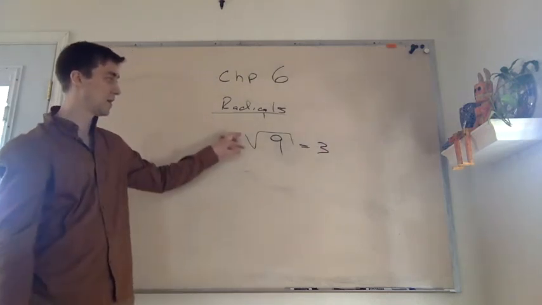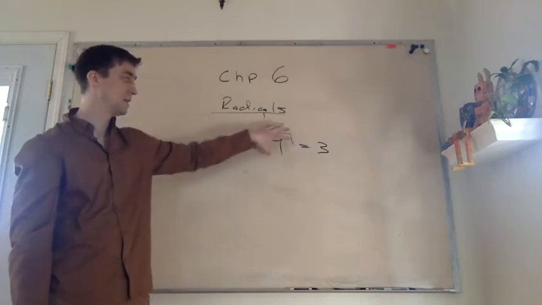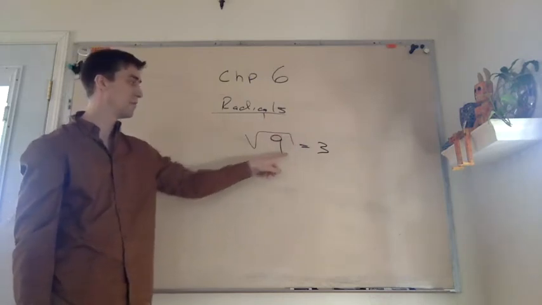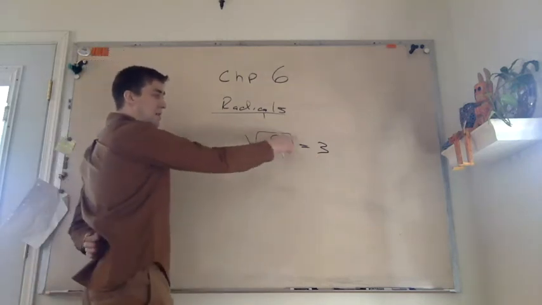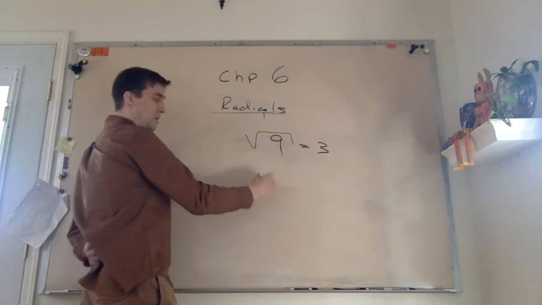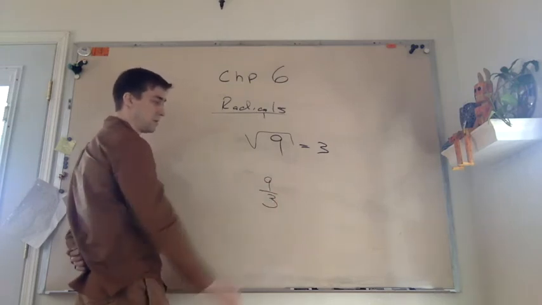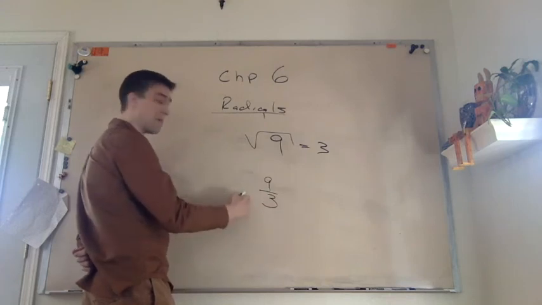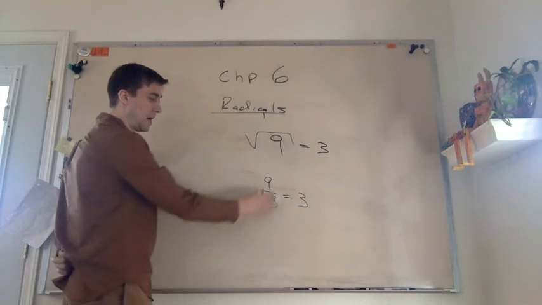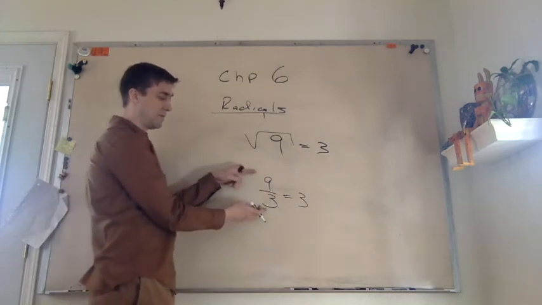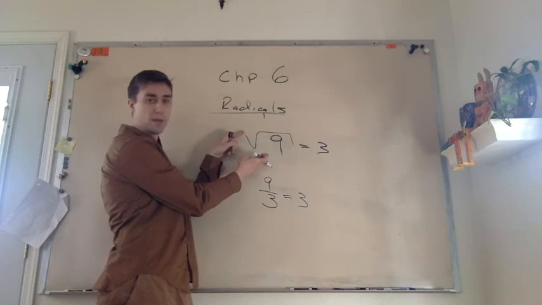Another point I want to make: the square root of 9 is a number, and that number simplifies to 3. A good way to think about this is exactly the same as 9 over 3. That is a number, and that number is exactly the same number as 3. I'm drawing a parallel between fractions that can be simplified and radicals that can be simplified.